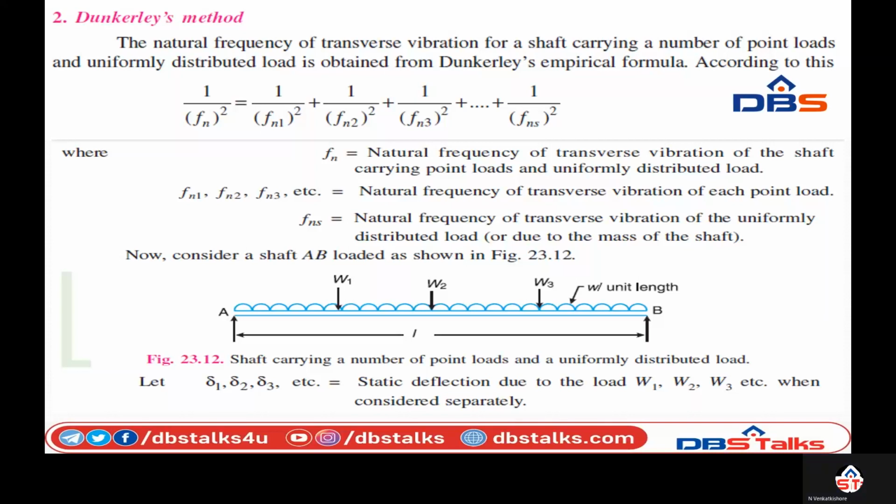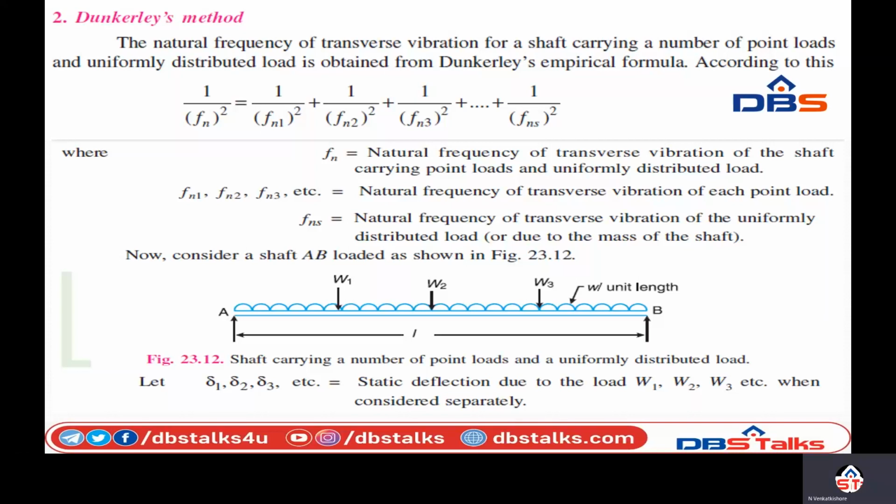Here, Fn is the natural frequency of transverse vibration of the shaft which is carrying point loads and UDL. In the same way, Fn1, Fn2, Fn3 are the corresponding natural frequencies of transverse vibration of each point load.